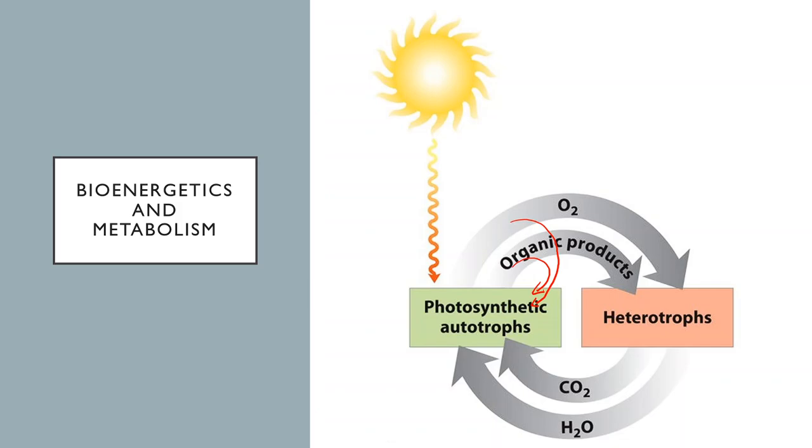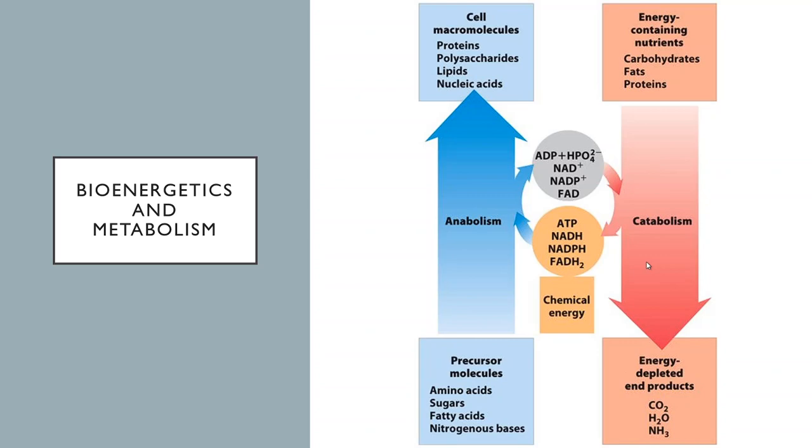So energy, primarily for life on Earth, comes from the sun. And so again, metabolism, the reactions of metabolism in a cell, are all those reactions necessary for either storing energy and building new molecules that the cell needs, or breaking them down and releasing that energy.